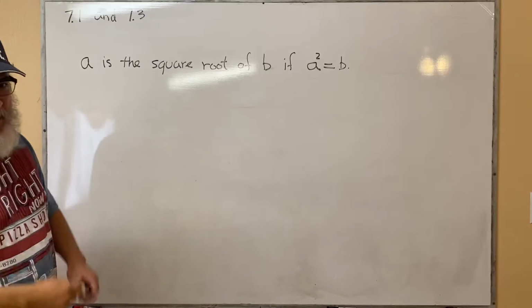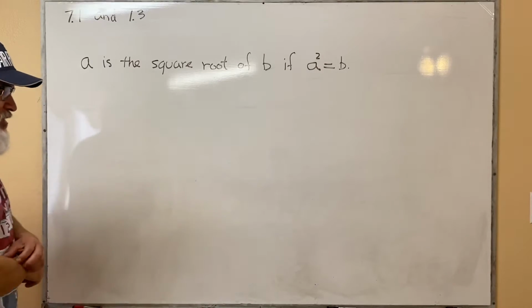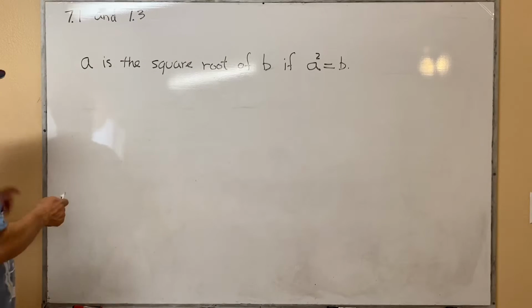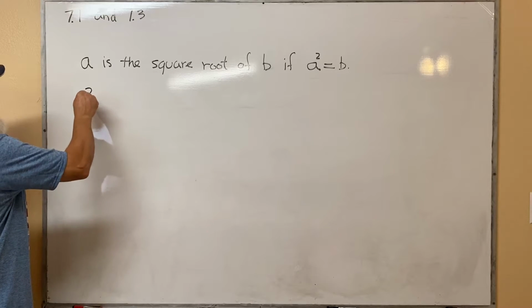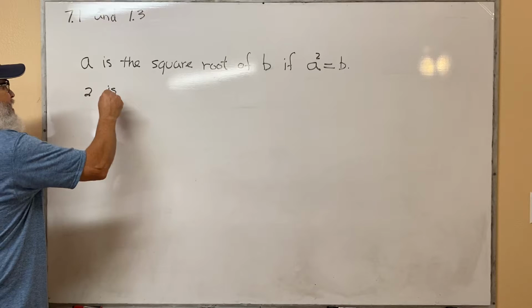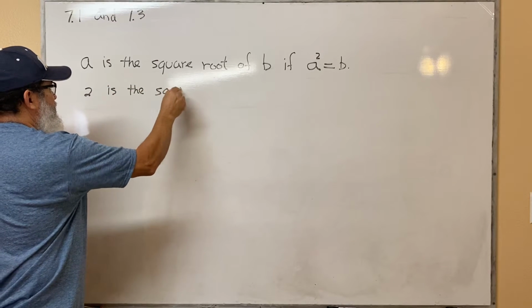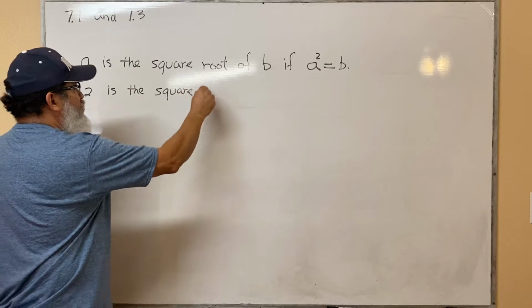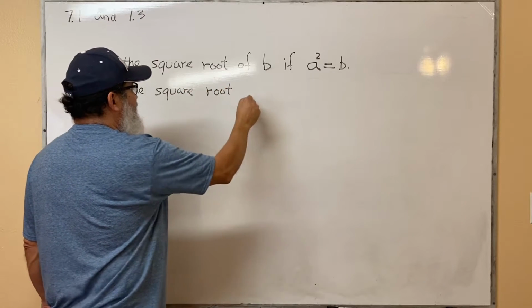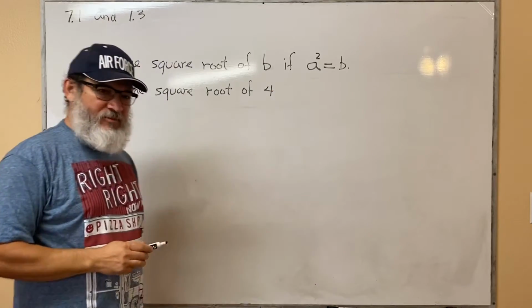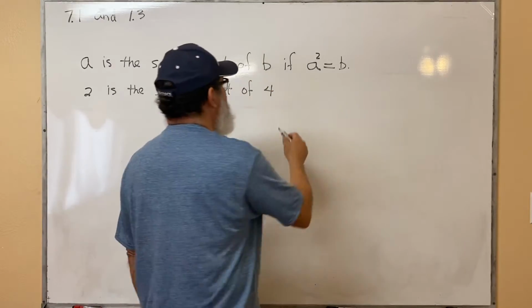Okay? Well, we'll give some examples of those. First example. 2 is the square root of 4. And why is that?